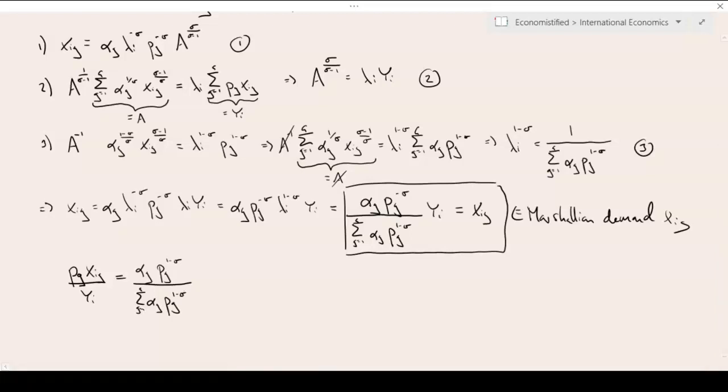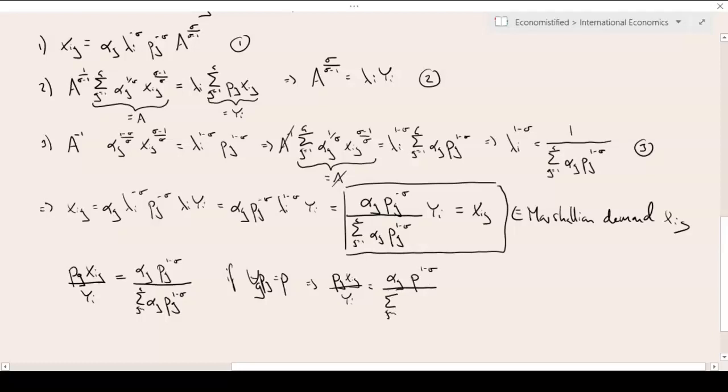So what you can note here is that if all prices were the same, if for all g, pg equals some price p, then I just get the consumption share pg xig over yi is just equal to alpha g times p to the 1 minus sigma divided by p to the 1 minus sigma, and I can now pull all the p to the 1 minus sigmas out and just cancel the p to the 1 minus sigma on the top and bottom.